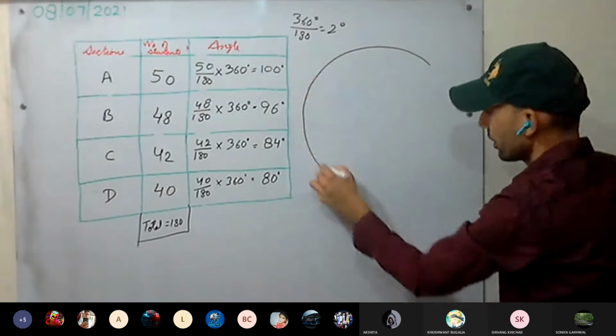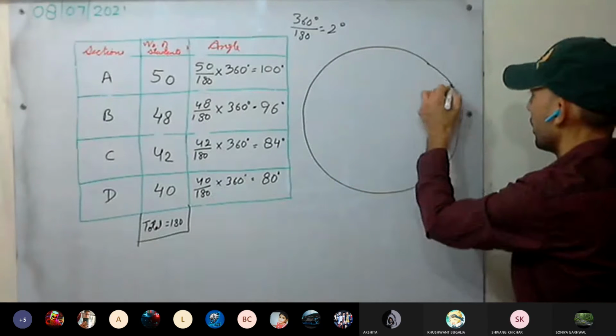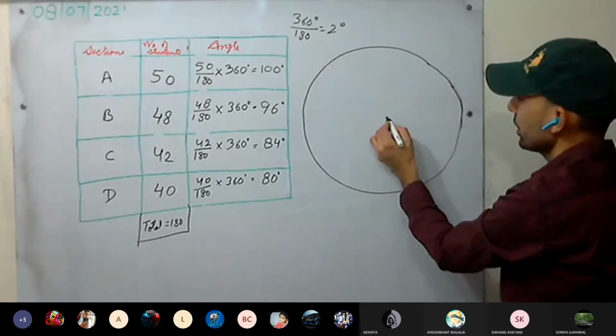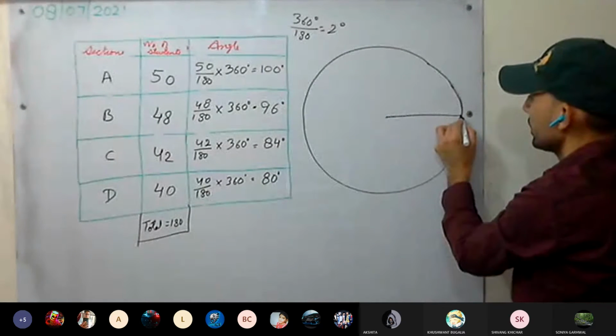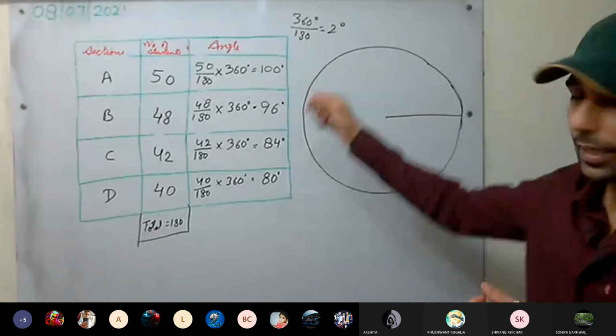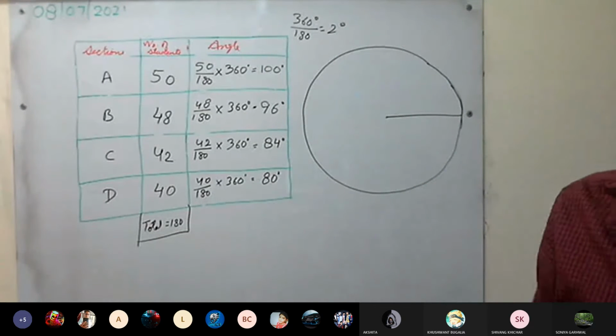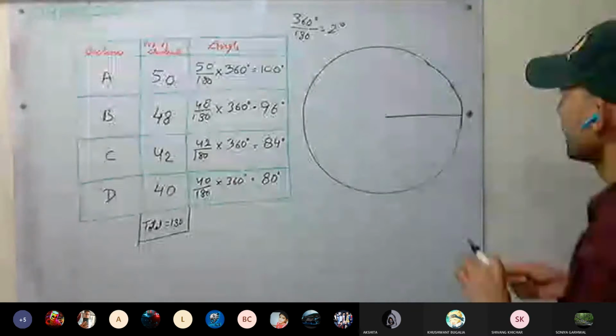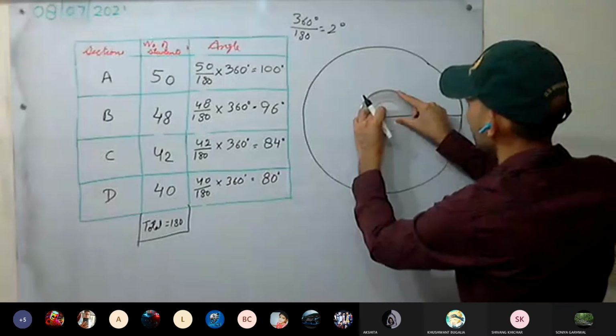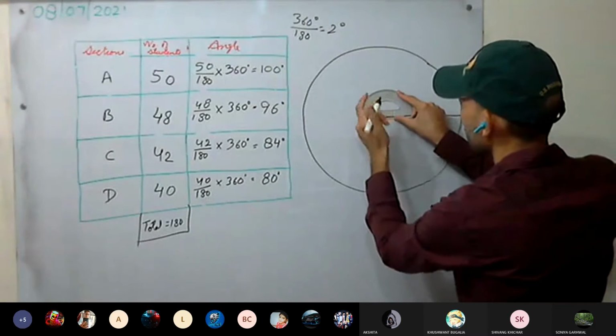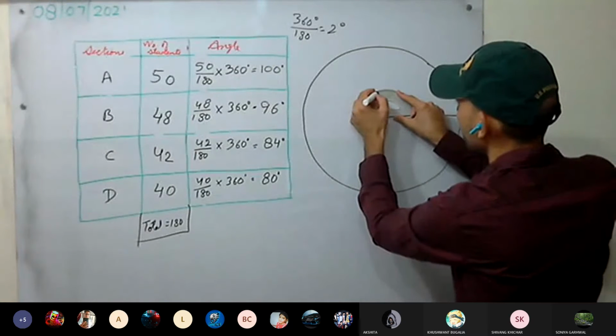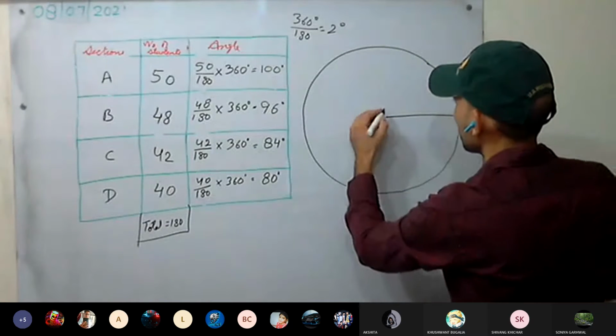Now make the circle. This is the circle. Center to line we have drawn. Okay. Make an angle of 100 degrees. Everyone make an angle of 100 degrees. Place the protector here and mark 100 degrees.